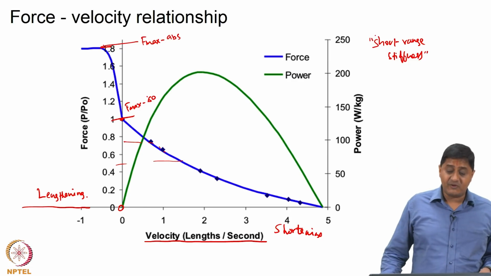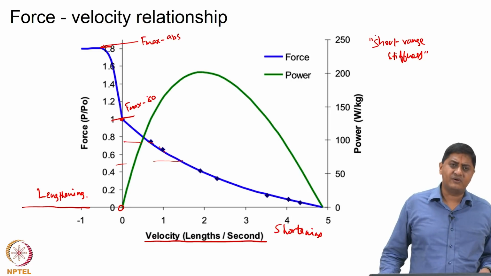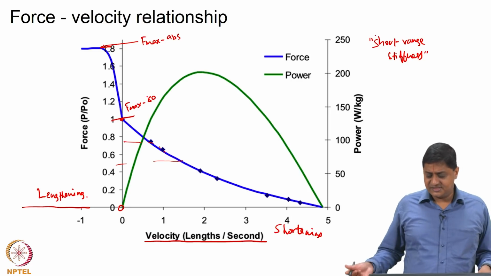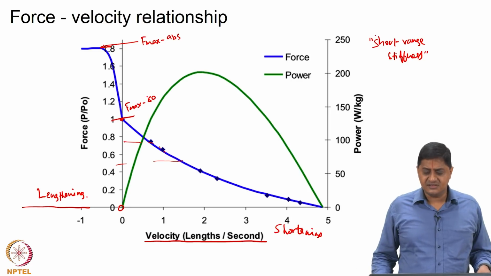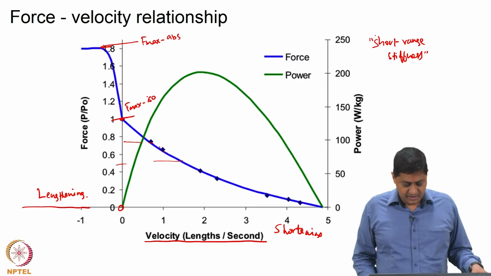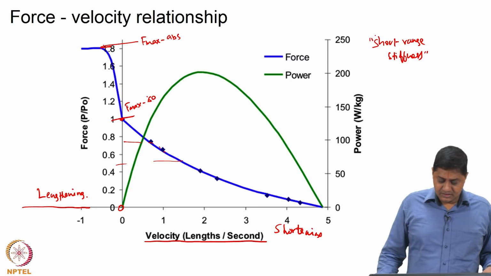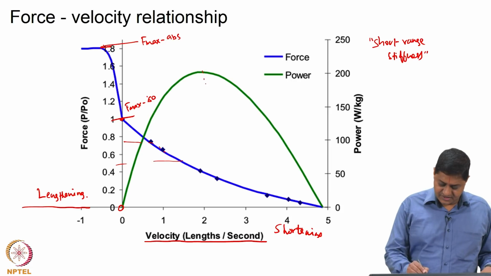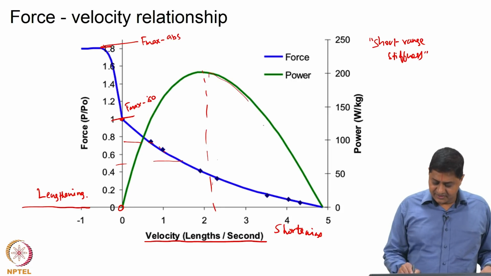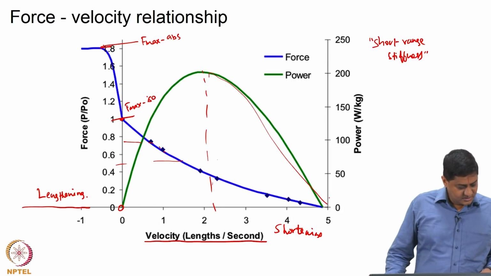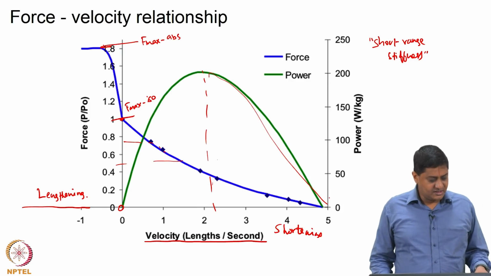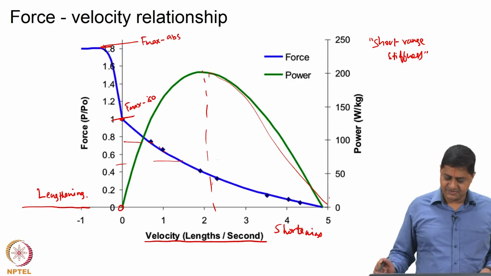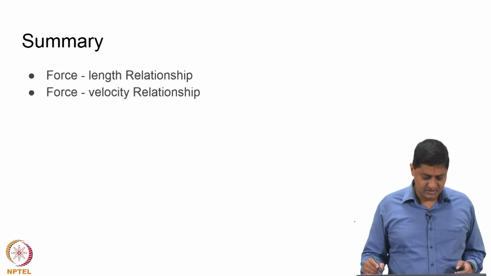Also, what happens with power? What is the relationship between power and force? Basically, power is the product of force and velocity, is it not? So, that increases until some velocity and then it decreases. So, essentially these two relationships, what are these two relationships?